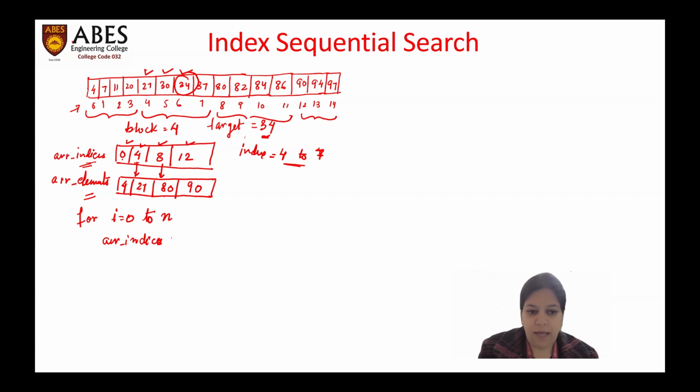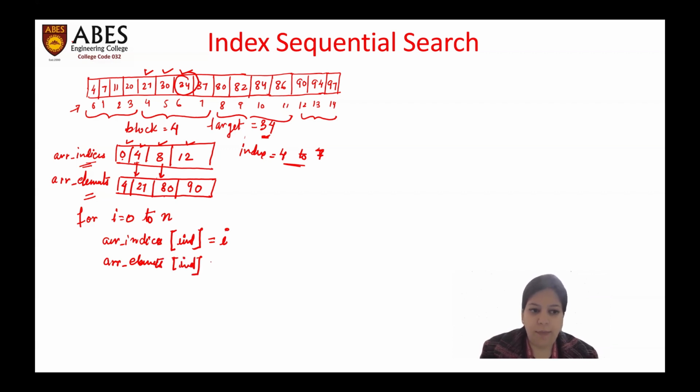And we can say that if the index of this array is represented by IND, then array indices IND is equal to I, right? And the corresponding element is to be stored in the array of elements at the same index.